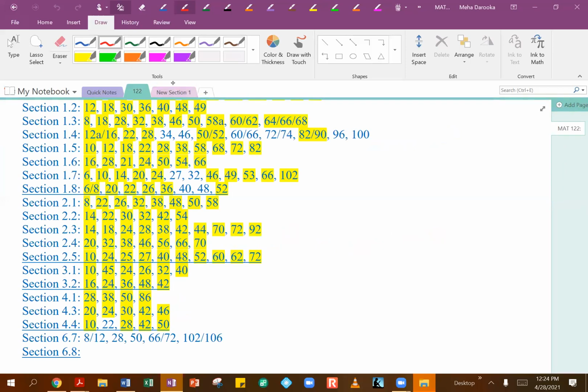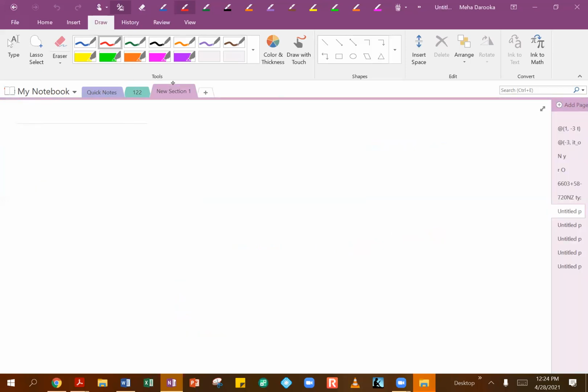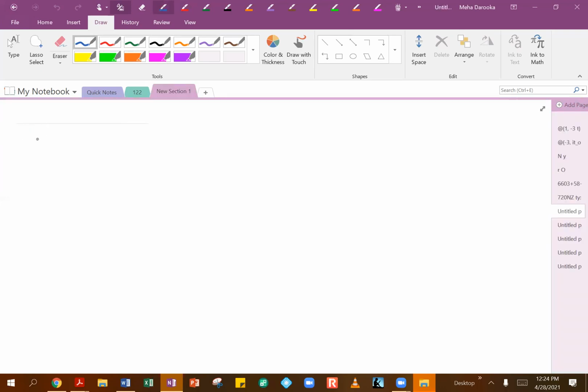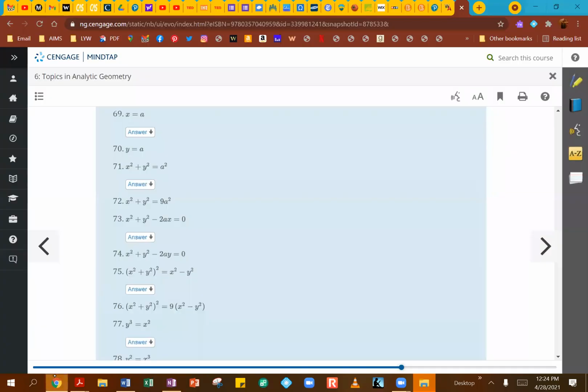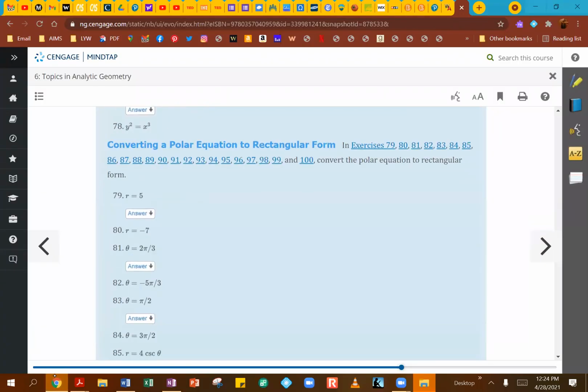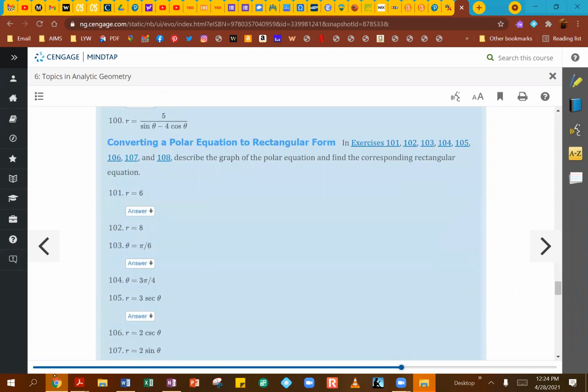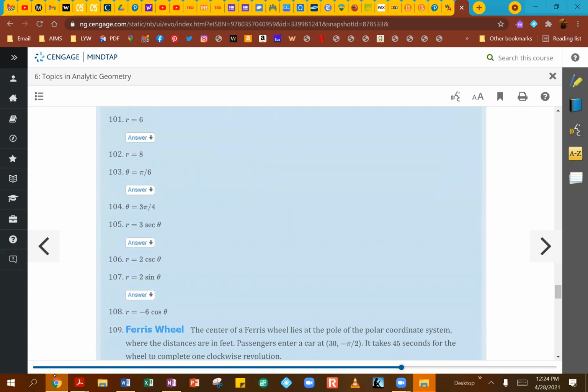Okay, and then the last type of example, let's take a look at that guy. 102, 106. So this one is describe the graph of the polar equation, and then you're basically finding the corresponding rectangular equation.